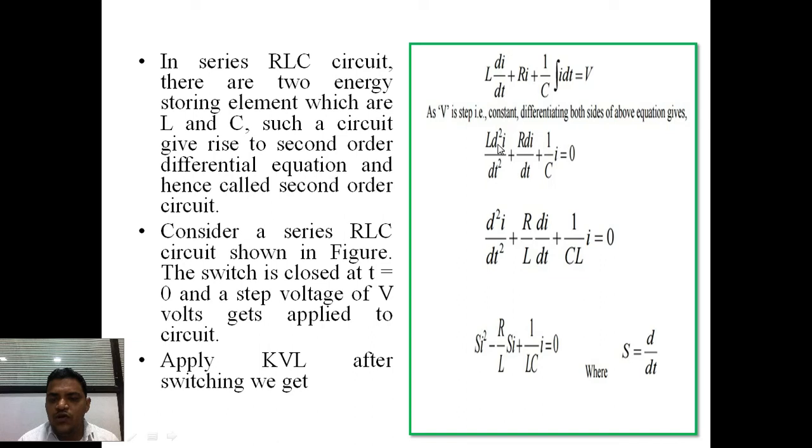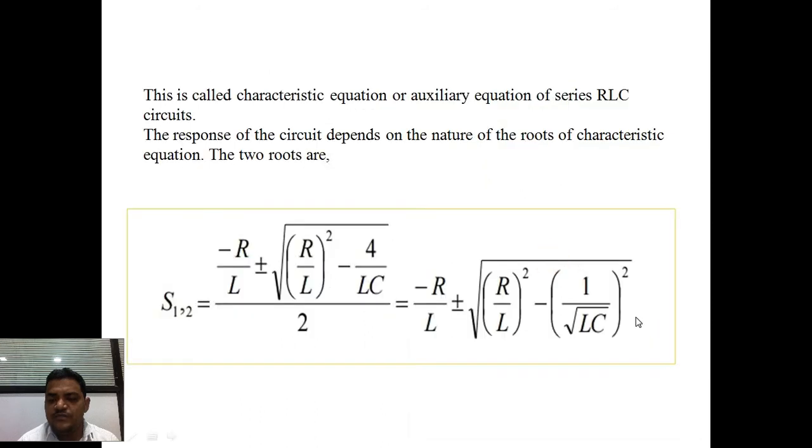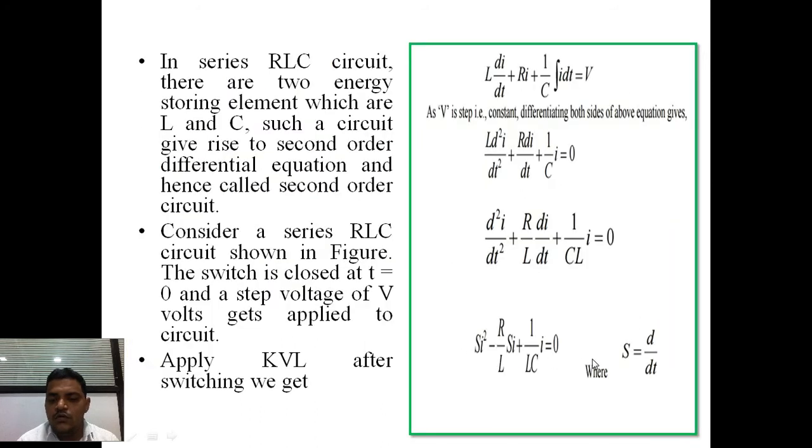So we get d square i by dt square plus R upon L di by dt plus 1 upon LC into i equal to 0, and the common parameter is taken outside. The second order differentiation d square by dt square is considered as s square, and the first order is s.